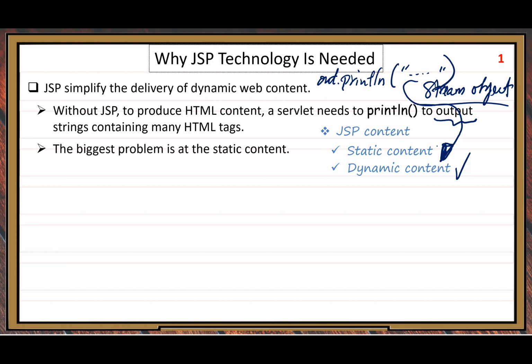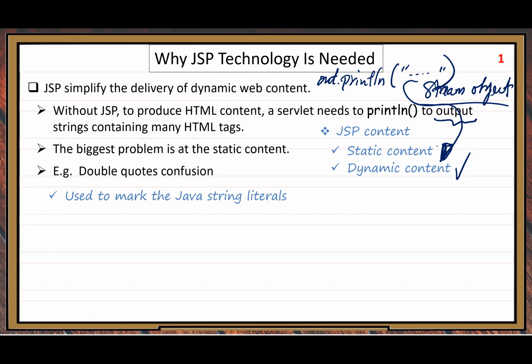I put a question here because we will do some more comparison later. For example, I want to use this double quotes confusion problem. What's the meaning of double quotes? You have experience using double quotes in programming languages. Here I point out two different meanings.